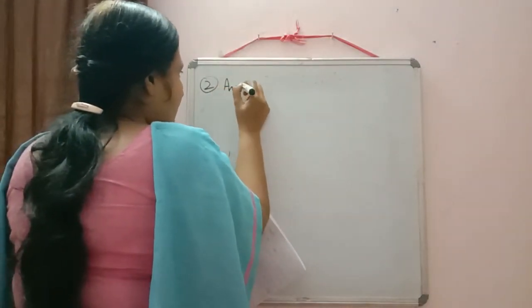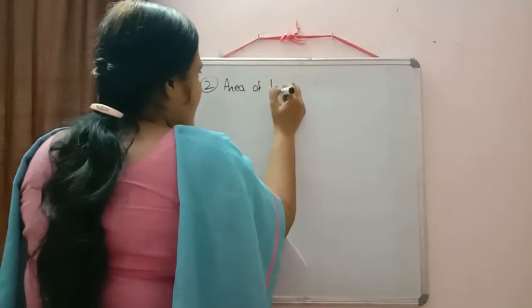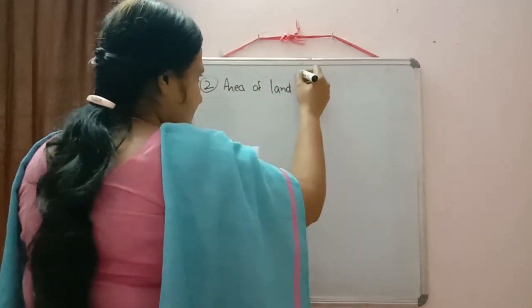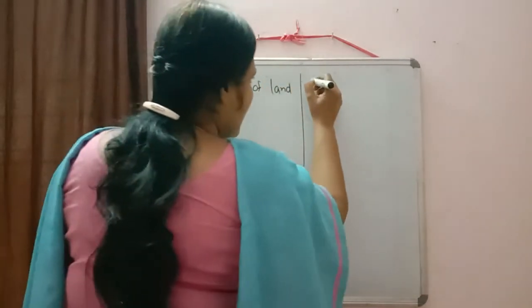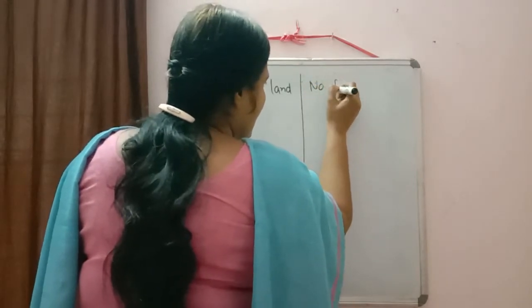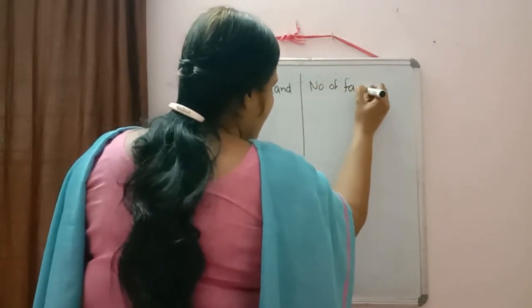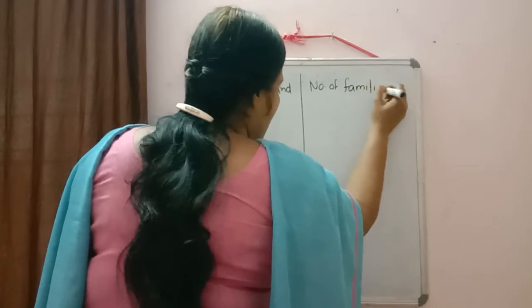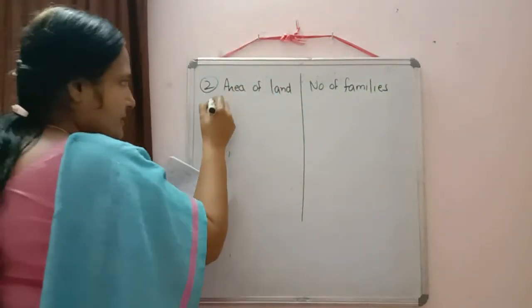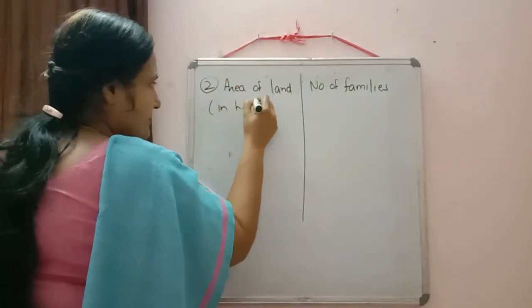Area of land and number of families. The area of land is given in hectares.